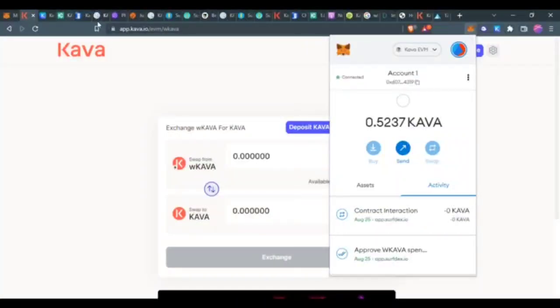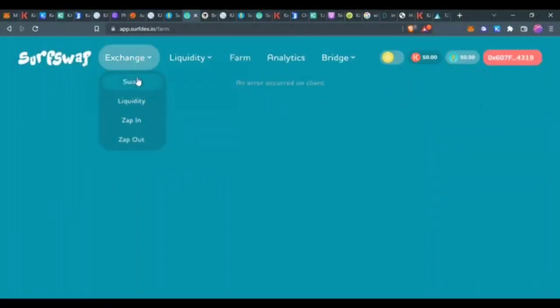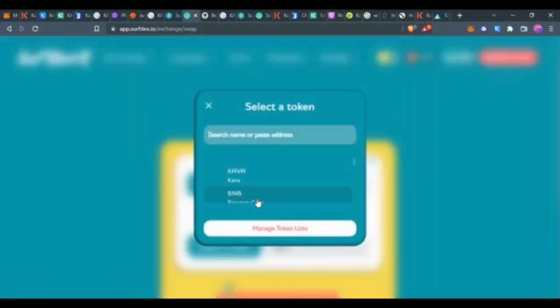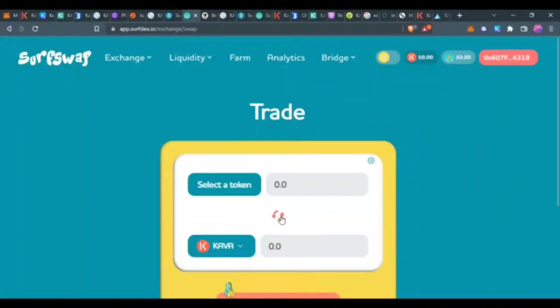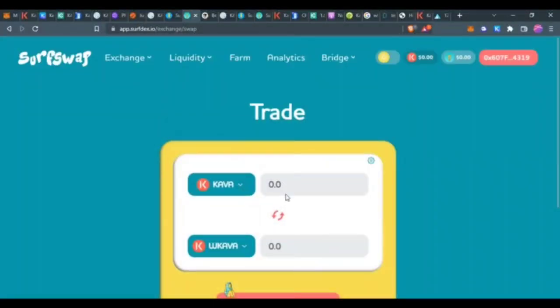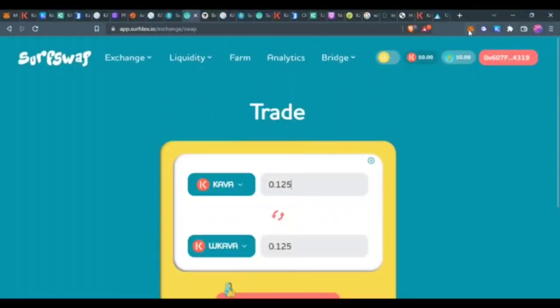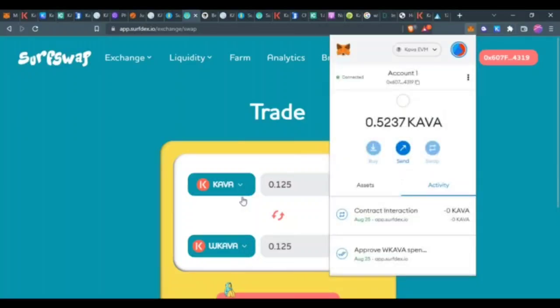I'd have to swap it out over here. Let me show you real quick. This is the process you go through. Let's take our Kava for our wrapped Kava. Insufficient Kava balance. How? I got 0.5 Kava left.